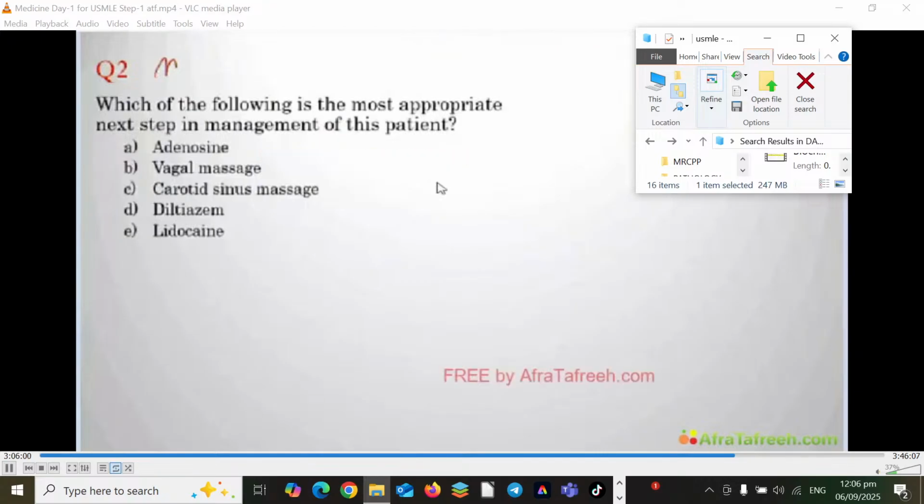Now, there are certain pharmacological principles when you treat an arrhythmia. I'll tell you this way: this is the conduction system of the heart.